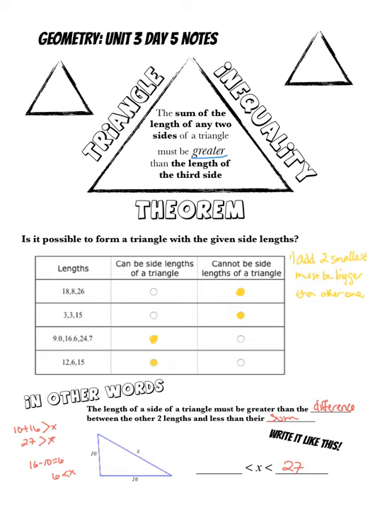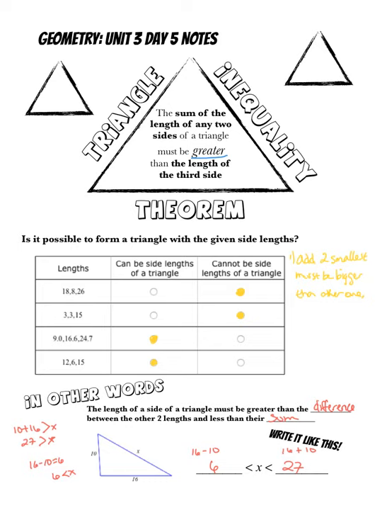But if x is 6.1, it can be a triangle. So let's do it this way: 16 minus 10, 16 plus 10. X is greater than the difference of the other two lengths and less than the sum. In this problem, we're not looking for a number for x, we're looking for a range.